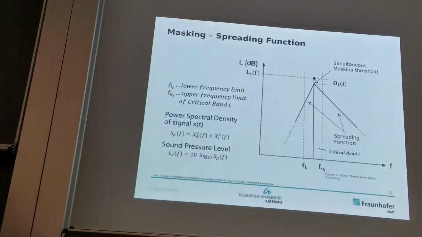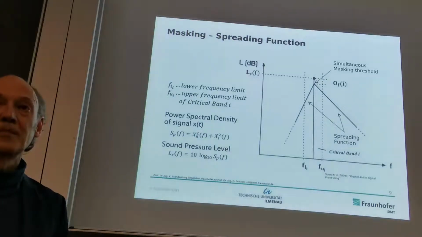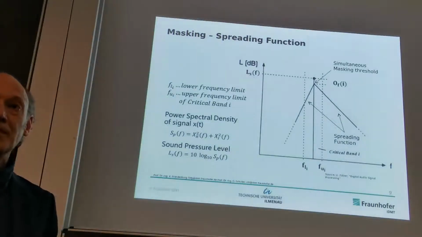Many of those spreading functions make up the masking threshold of our signal. Since we can see that in each particular subband, the slope of this masking or spreading function is not the same. For example, for higher frequencies the slope is lower, and for lower frequencies the slope is higher. So what we do is make it an average when we represent a mask within each subband.